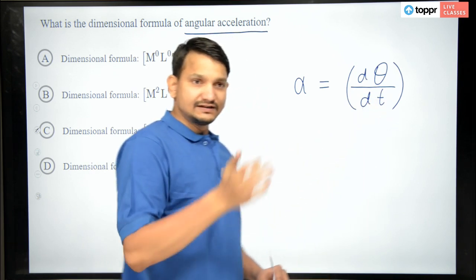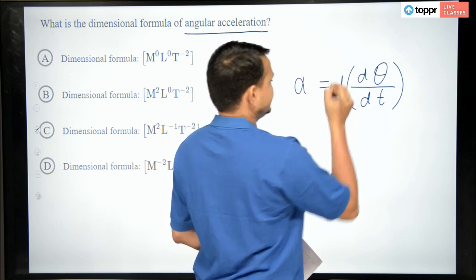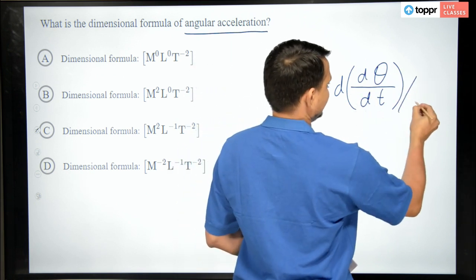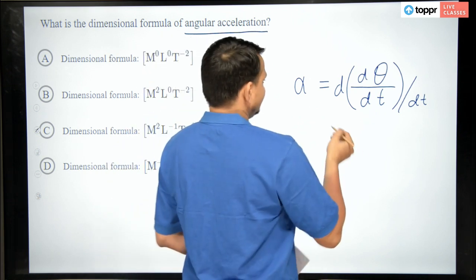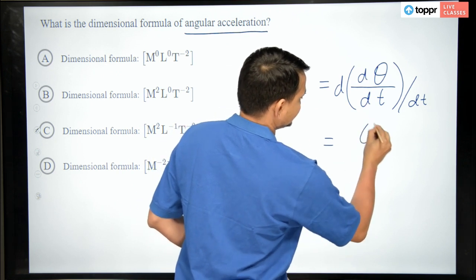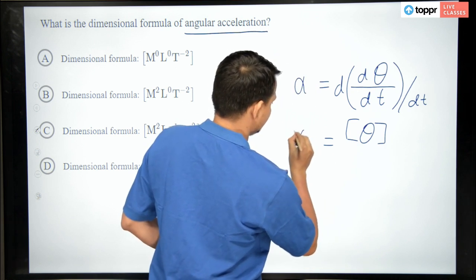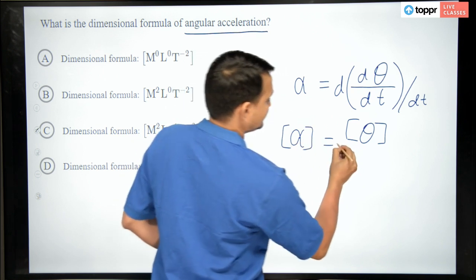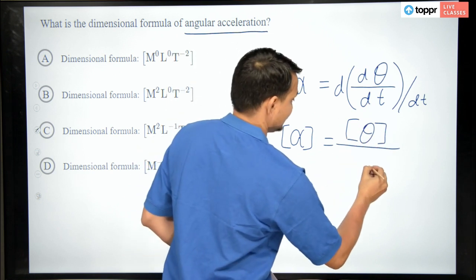If we differentiate it further, we would get angular acceleration. So differentiation of this whole quantity again with respect to time, or simply we would say that its dimension would be the dimension of theta divided by the dimension of time squared.